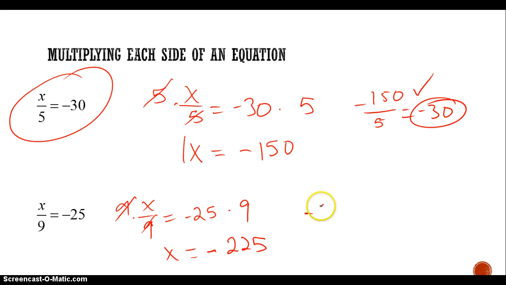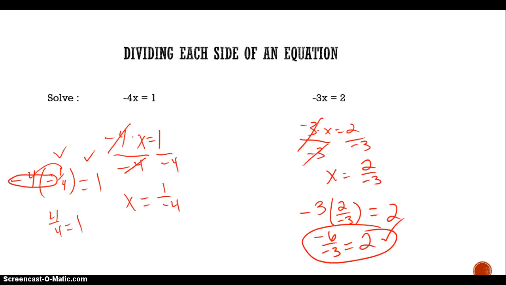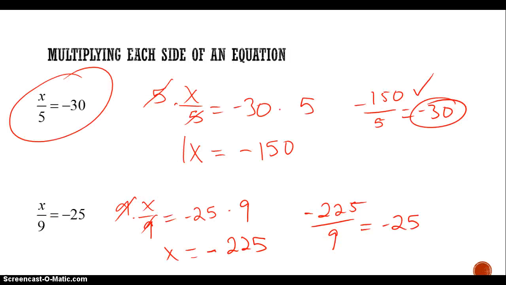Okay, plug it back in, negative 225 divided by 9 equals negative 25. So going back here, okay, inverse operation, it's a multiplication problem, so you have to use division. Here's a division problem, so you have to use multiplication.